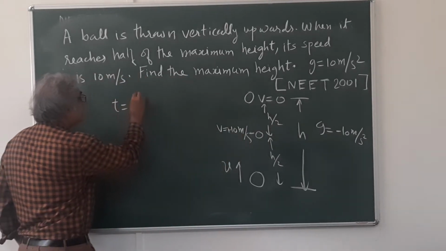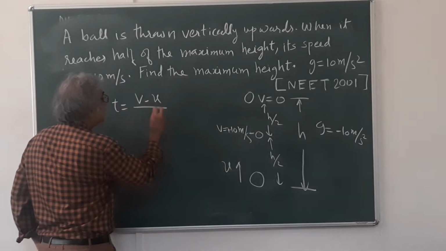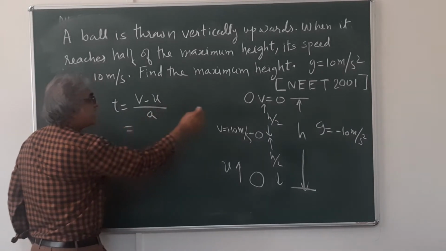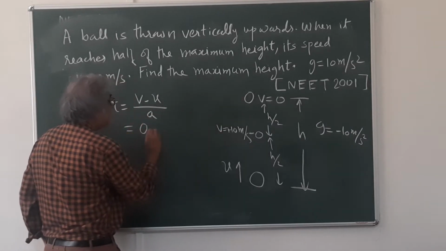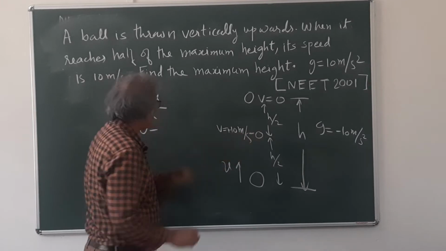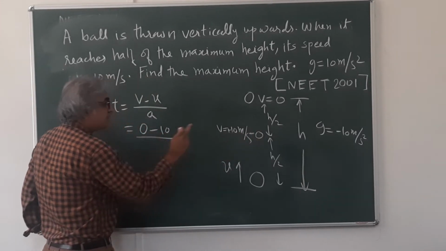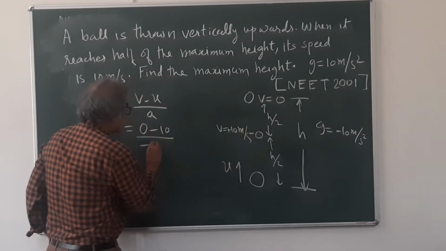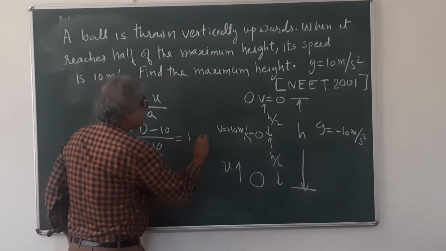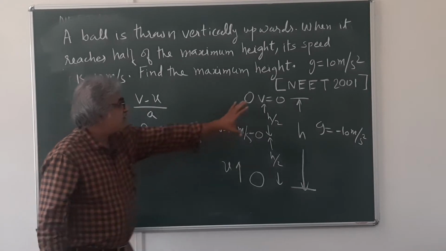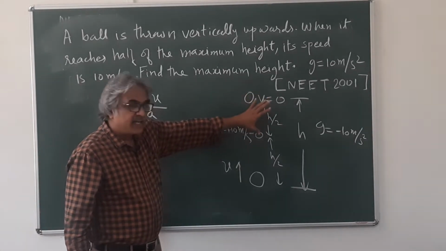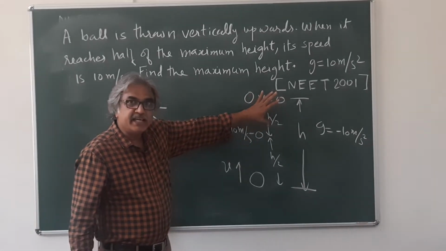Time is equal to v minus u by a. Now v is final velocity, which is 0, u is 10, with a minus sign here, and acceleration g is minus 10. So this means it is 1 second. So to travel a distance of h by 2, time required is 1 second.